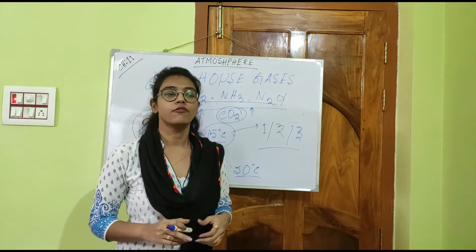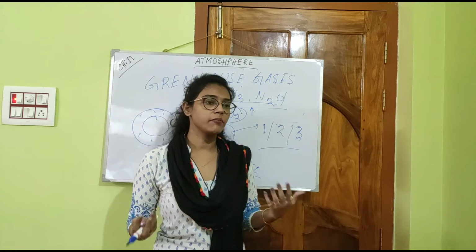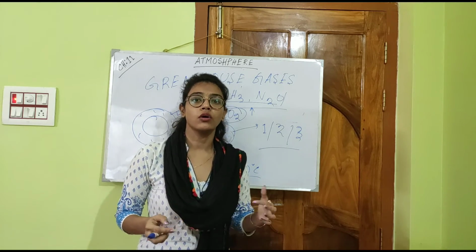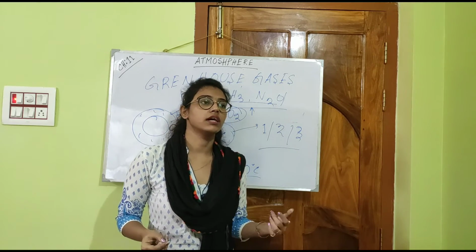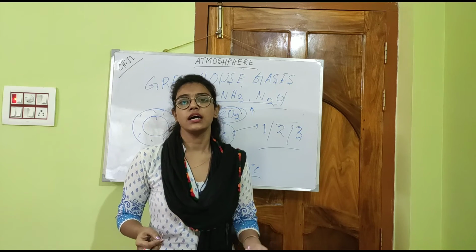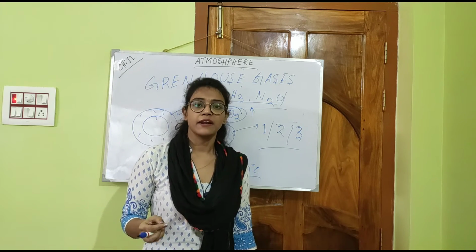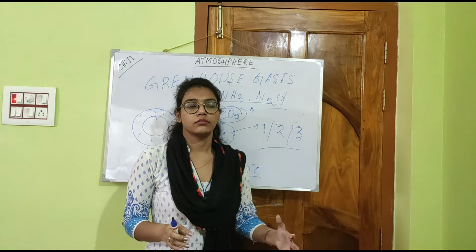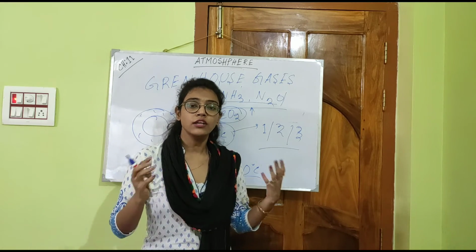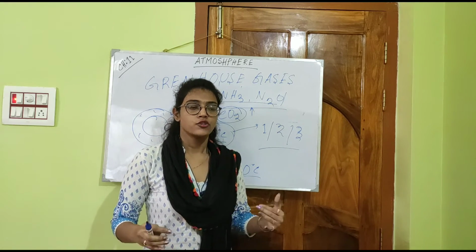And what is happening because of global warming? The temperature has increased, so all the icebergs and glaciers are continuously melting down, and for that the total ecosystem is being destroyed.